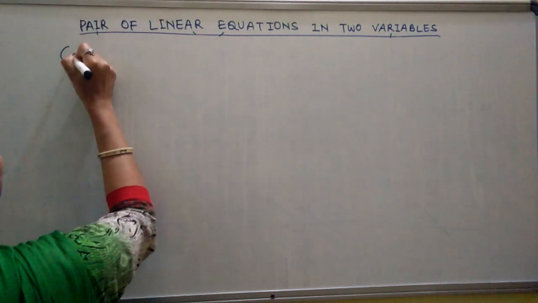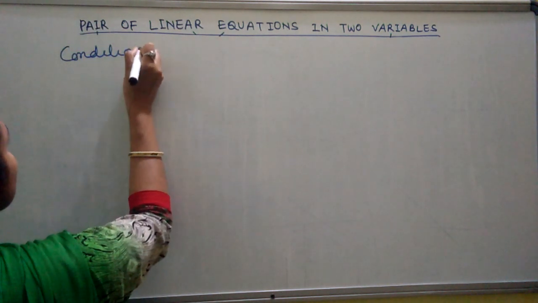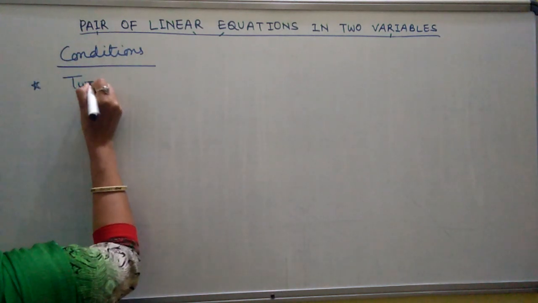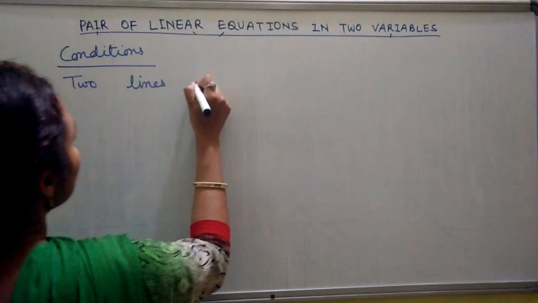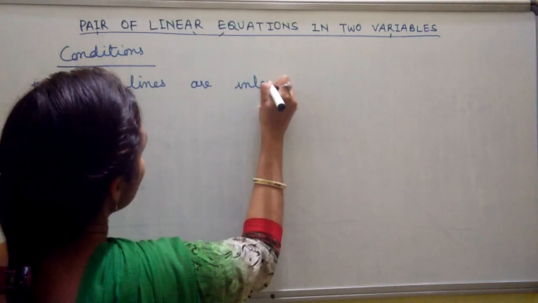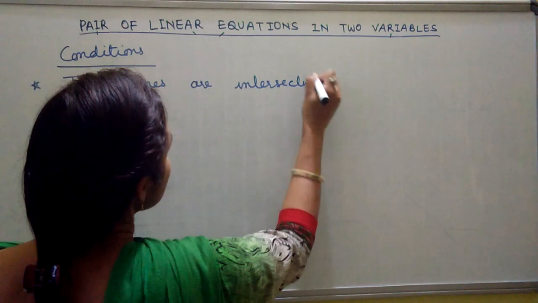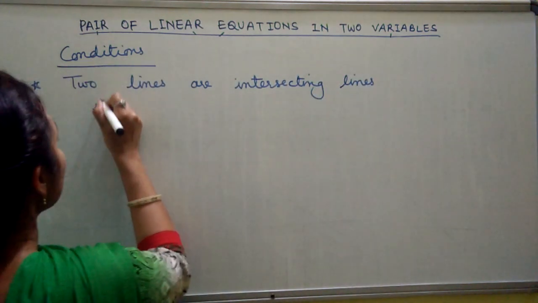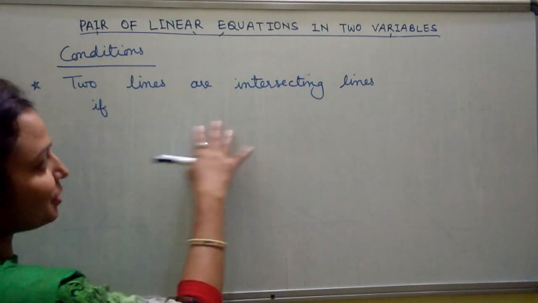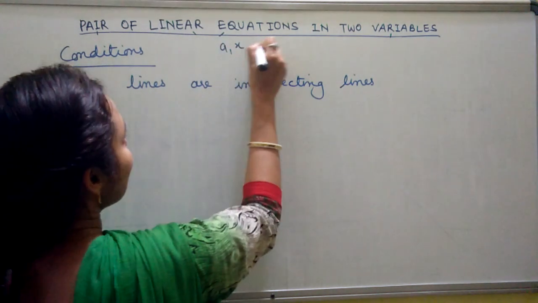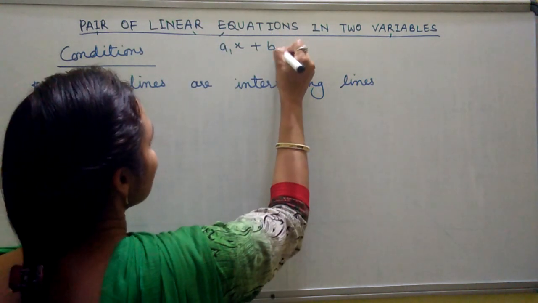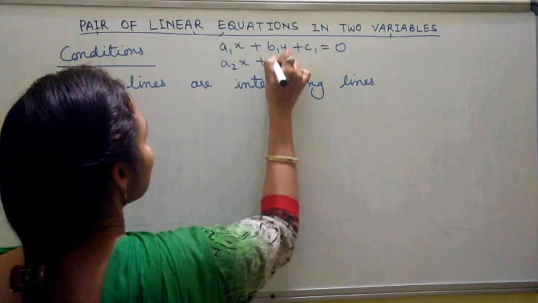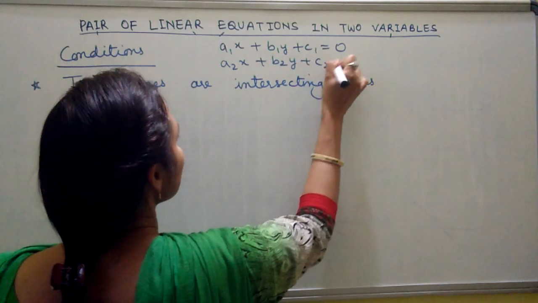Okay, come to the conditions. Condition first: the two lines are intersecting lines. Before telling you the condition, I will write the linear equations: a1x plus b1y plus c1 equals 0, a2x plus b2y plus c2 equals 0.